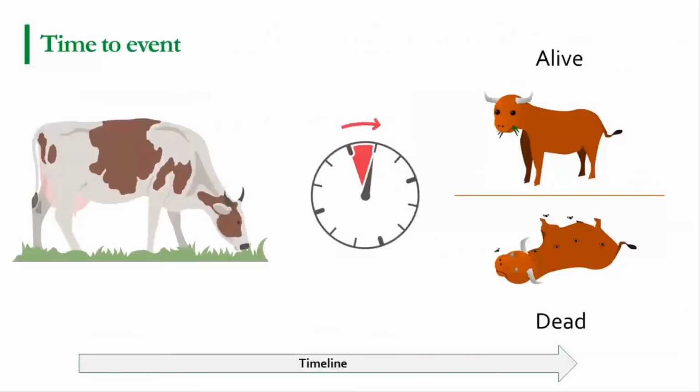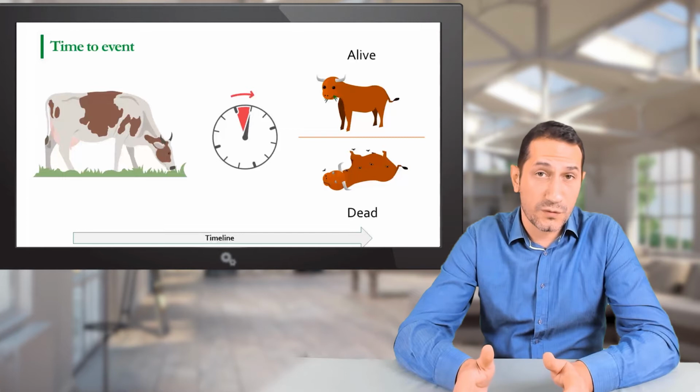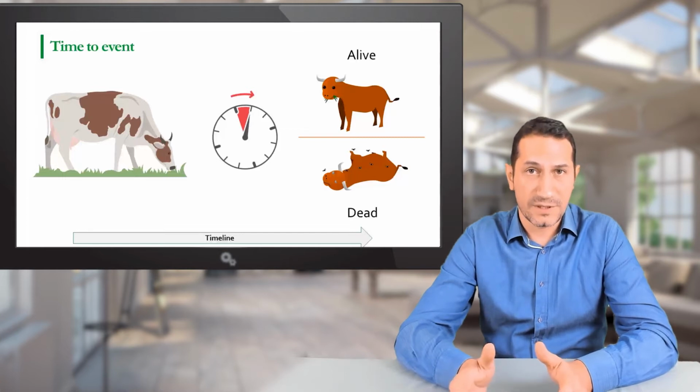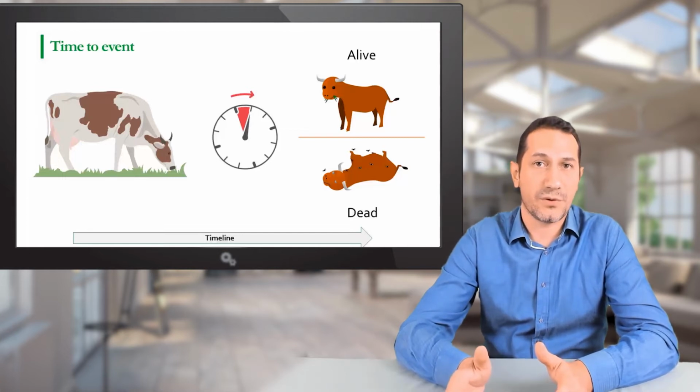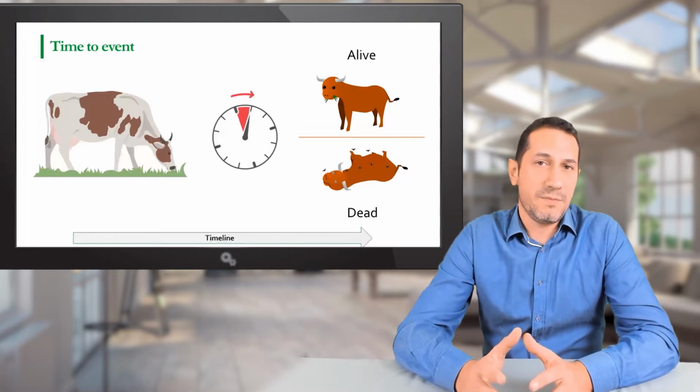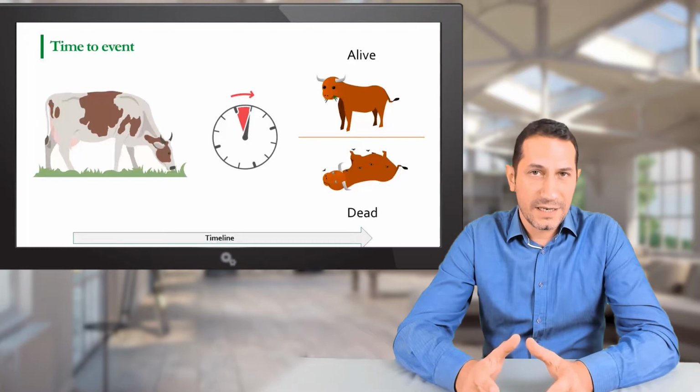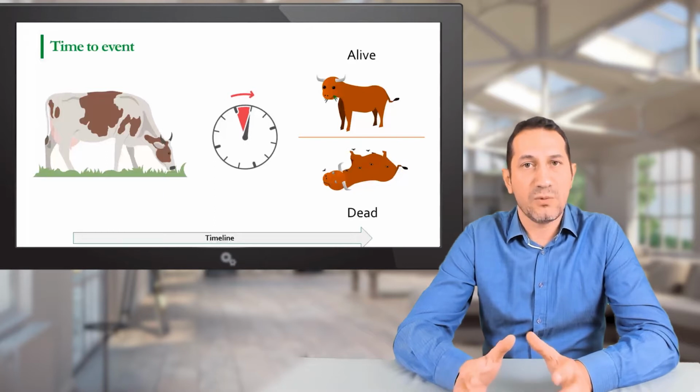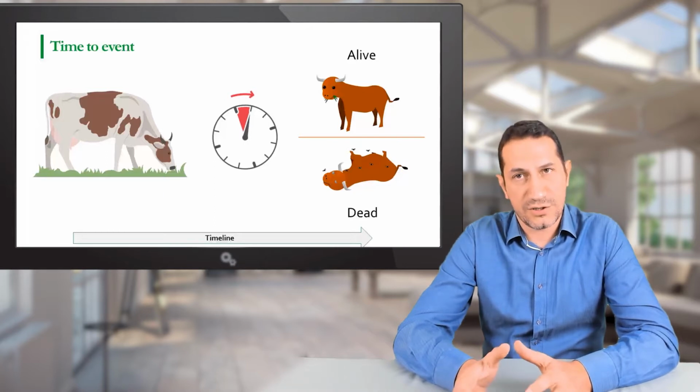A key parameter of interest in veterinary epidemiology is the time until the occurrence of an event such as death or infection or onset of a disease, or also good things like recovery from disease or giving birth, or calving or lambing and so on. The basic idea is when the event occurs and whether the event occurs or not.